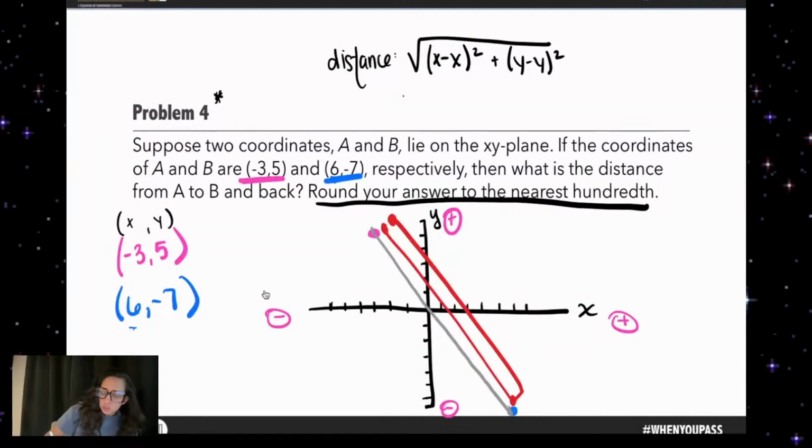So I'm going to do the square root of x minus x, 6 minus -3 squared plus -7.